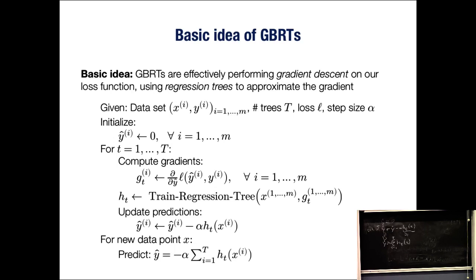I'm still fascinated by this algorithm. It seems so interesting to me that what we're effectively doing is simulating what we would do with gradient descent if we stepped through the process of optimizing our loss, where we're approximating our gradients by regression trees instead of computing them exactly because we don't know the true output.